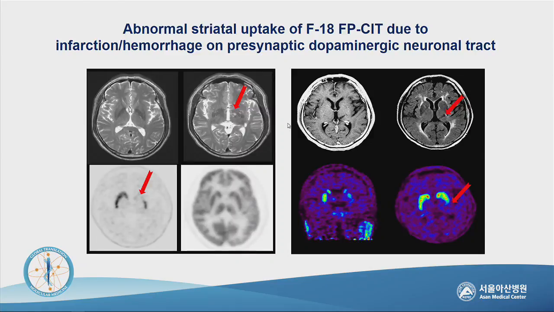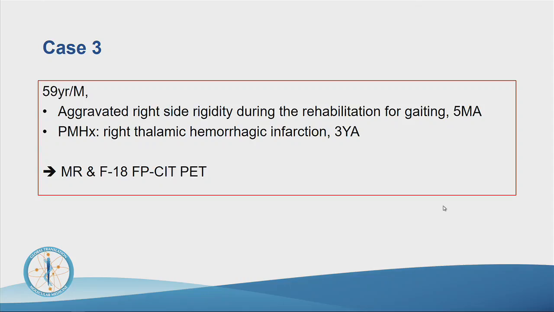In this case, the thalamic old infarction showed decreased uptake in the anterior part of the striatum. And in this case also, a thalamic area infarction caused posterior putaminal decreased uptake.